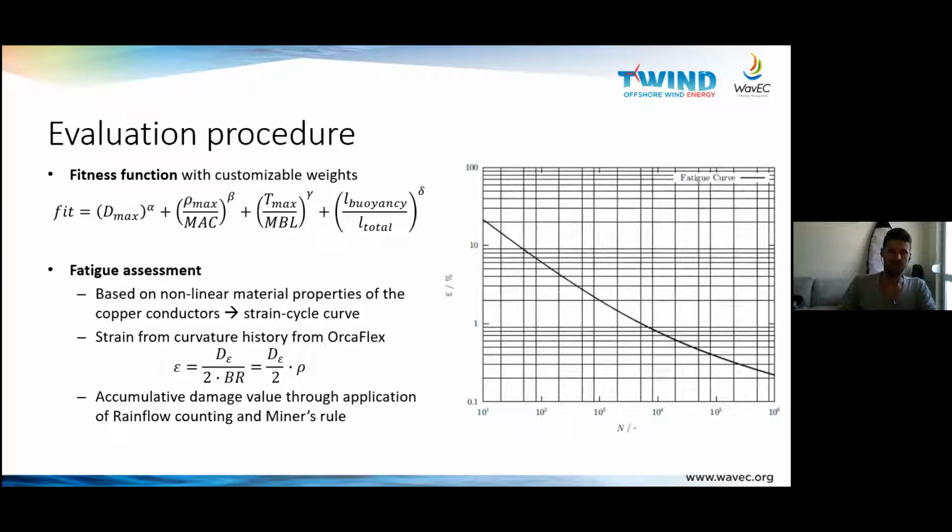So the idea is, over the simulation of our cables, we are summing up all the amplitudes that we are bending, calculating partial damage values, and then in the end just summing them up all over the lifetime.